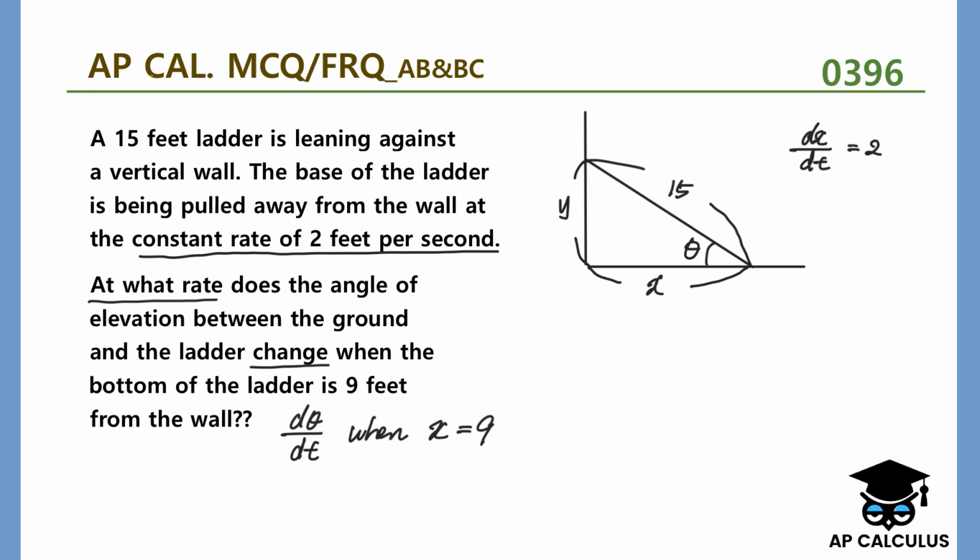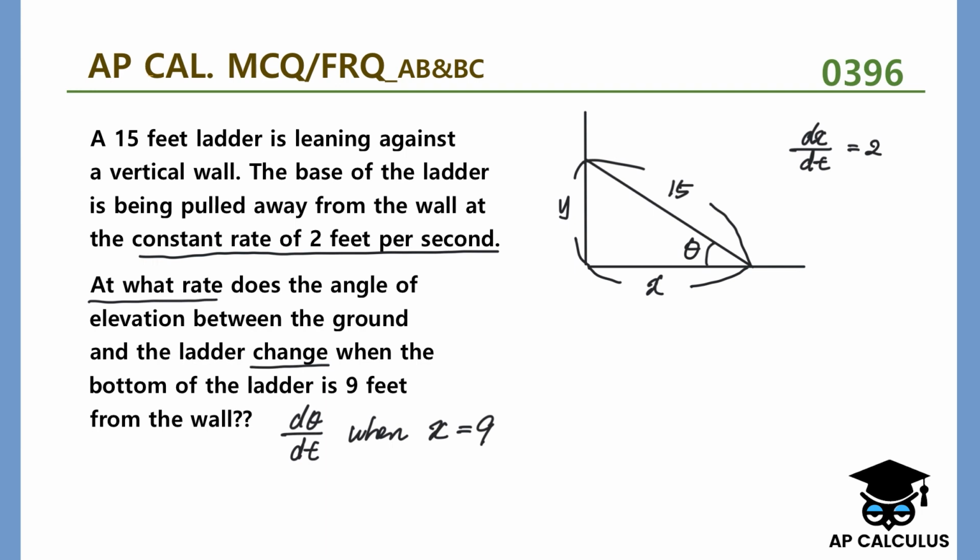Okay, now we're going to write the equation. But that equation must include theta, right? So we're going to use a trig function, either sine or cosine or tangent. Which one should we use?